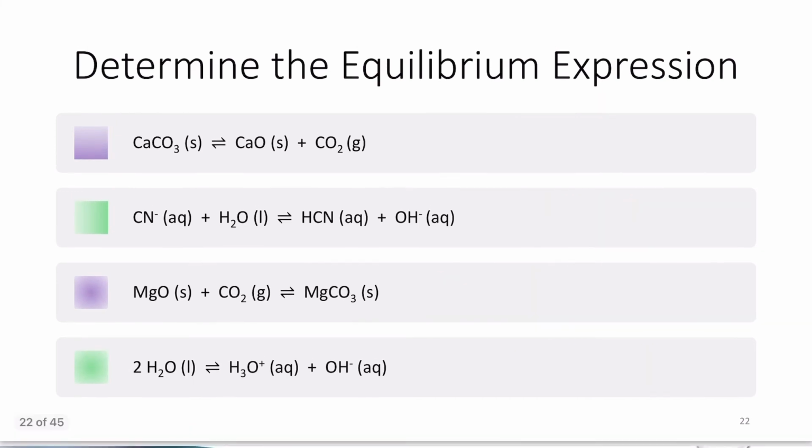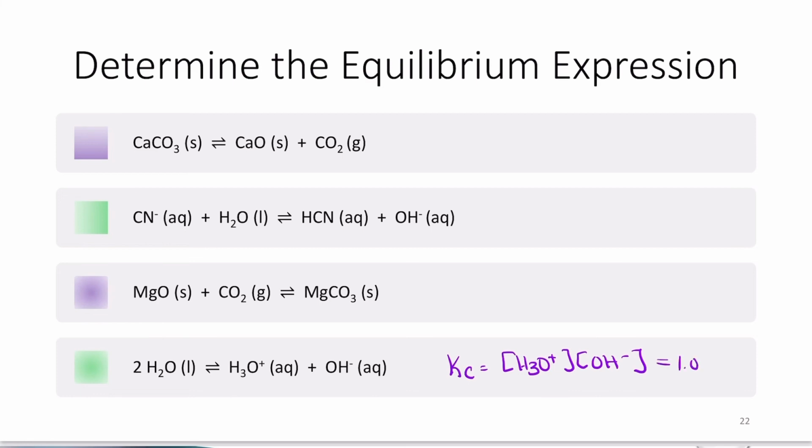One thing I forgot to mention at the very end when I ended the last video was this expression here, where I wrote Kc is equal to H3O plus times OH minus. It's actually a very special case that you're going to learn about and use a lot in the next chapter. It has a very specific value.